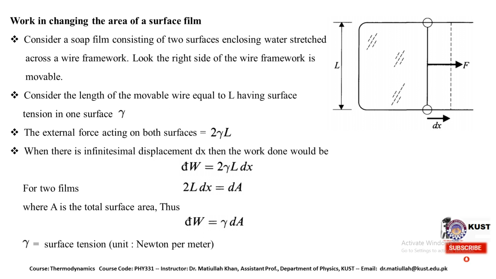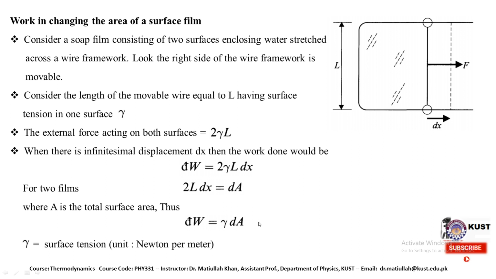So dW equals 2 gamma L multiplied by dx. Since we have two films, the area 2L dx is equal to dA, so the equation for the infinitesimal work done will be equal to gamma dA.